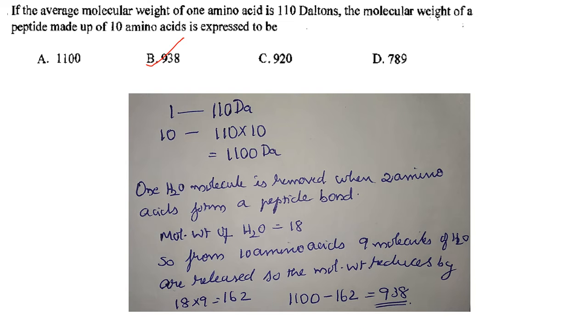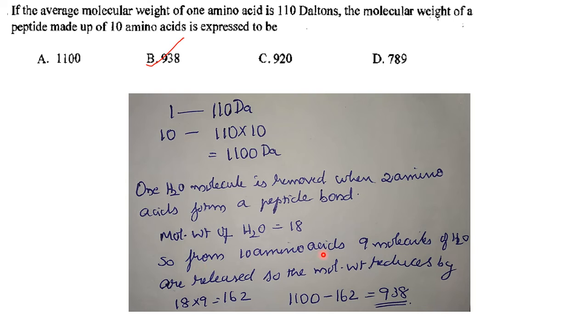Then next one. If the average molecular weight of one amino acid is 110 Dalton, the molecular weight of a peptide made of 10 amino acids is expected to be. So one amino acid is 110 Dalton, so 10 amino acids will be 1100 Daltons. But one molecule of water is removed when two amino acids form a peptide bond, and the molecular weight of water is 18.